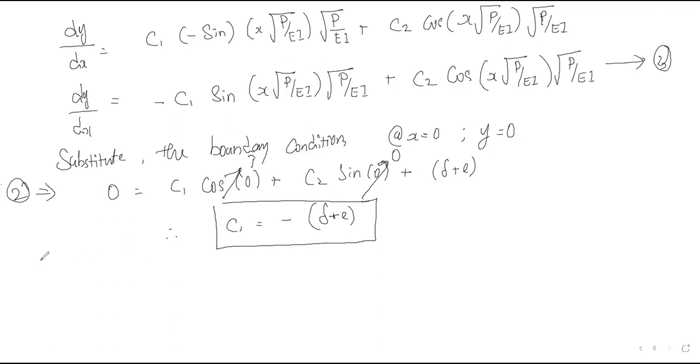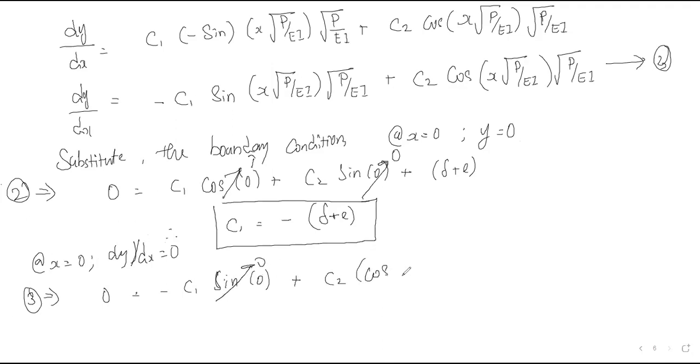Next, the condition at x is equal to 0, dy by dx is equal to 0. So equation number 3 becomes 0 minus C1 into sin 0. Sin 0 becomes 0, plus C2 into cos 0 into root P by EI.